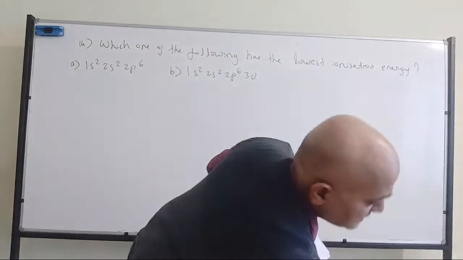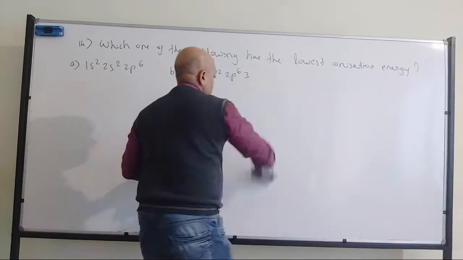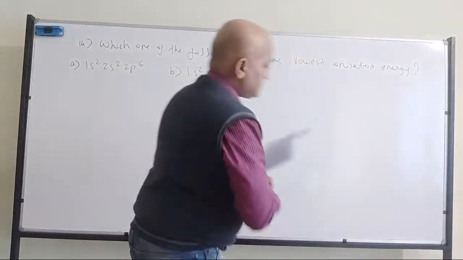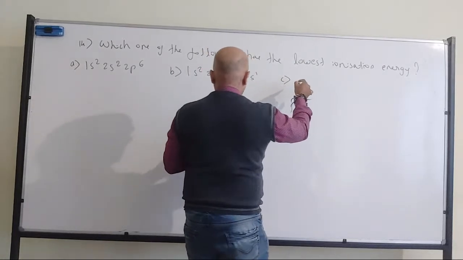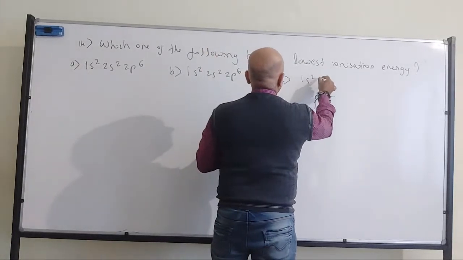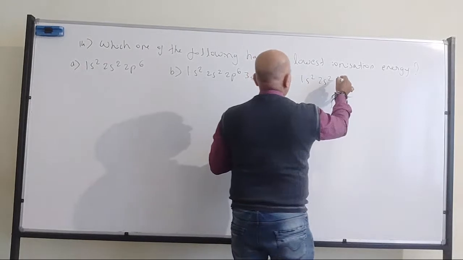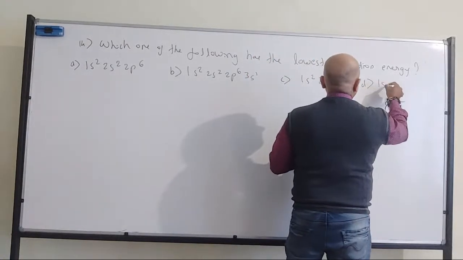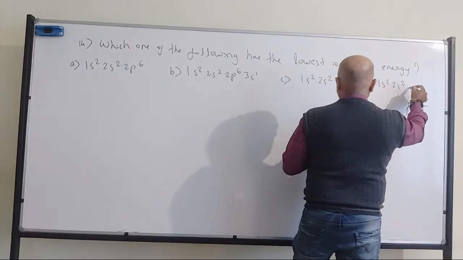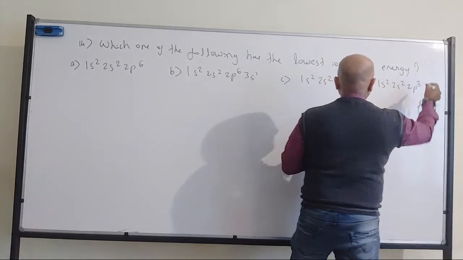It should have been 3s1. Option C, 1s2 2s2 2p5. And option D, 1s2 2s2 2p3.